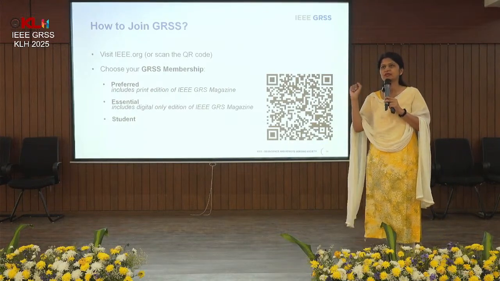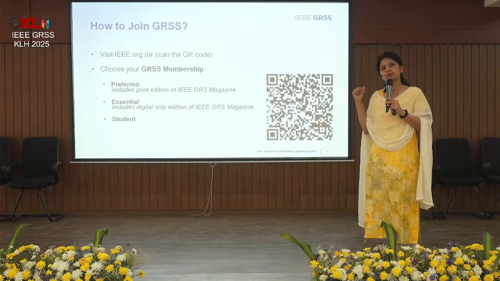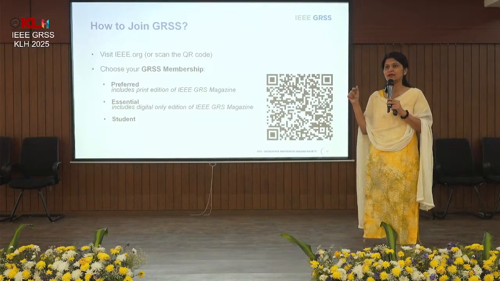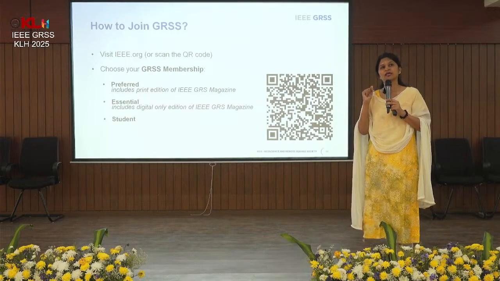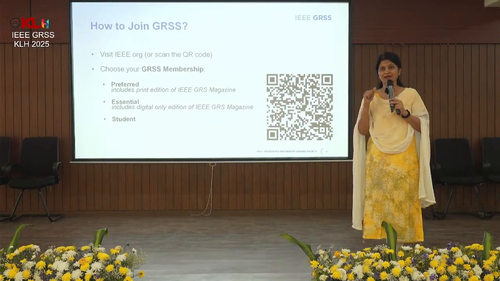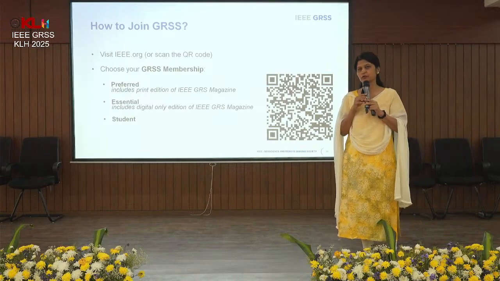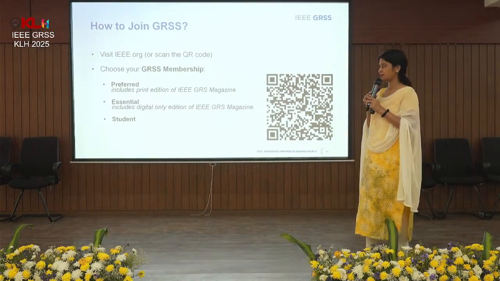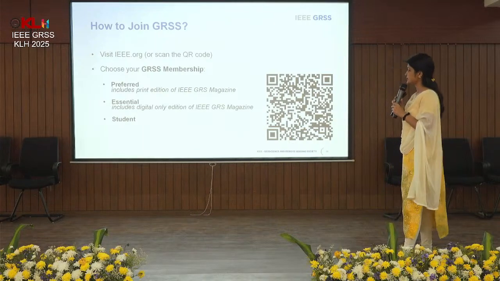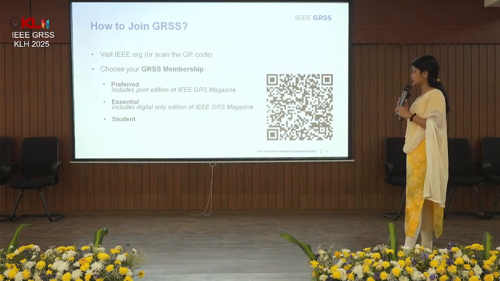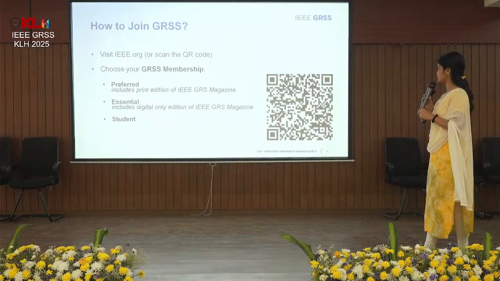You will get everything by email. But in the preferred one, you will get the hard copy as well. The hard copy magazine will come to your home, to whichever address you have registered in IEEE. Preferred membership is a little bit higher than the essential one.